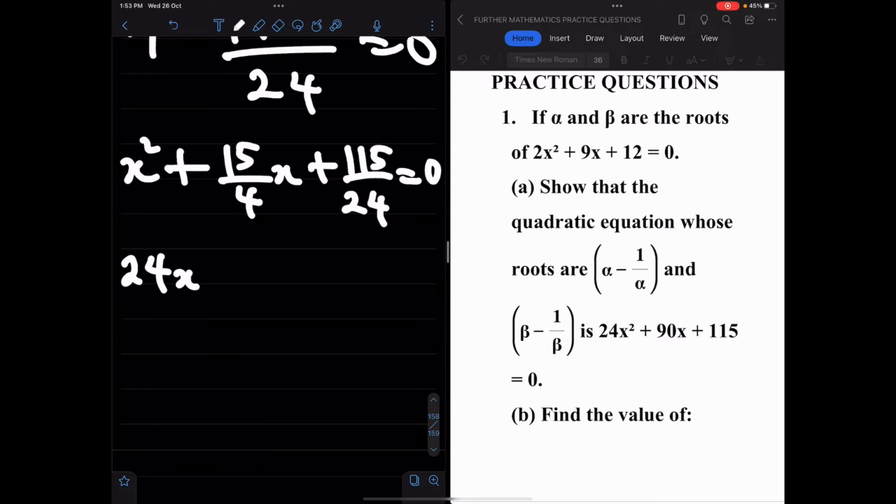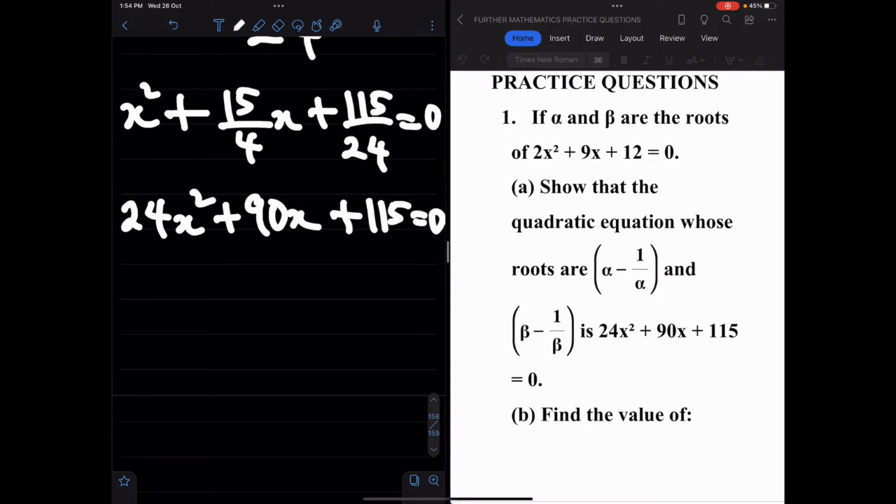And that gives us 24x squared plus 90x plus 115 equals 0. And that is absolutely right. So the equation whose roots are alpha minus 1 over alpha and beta minus 1 over beta is 24x squared plus 90x plus 115 equals 0.